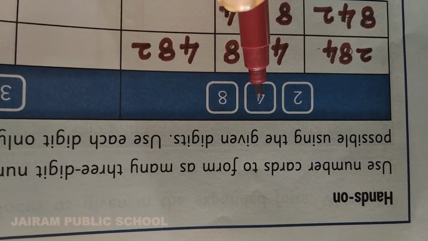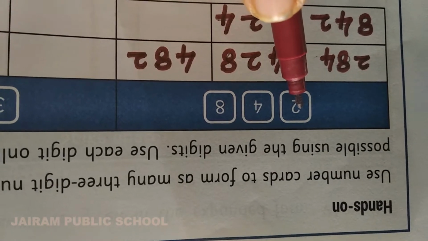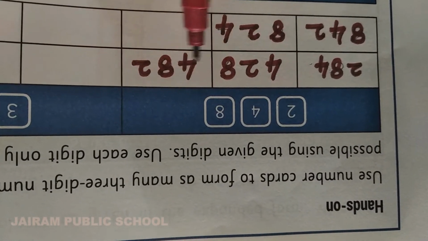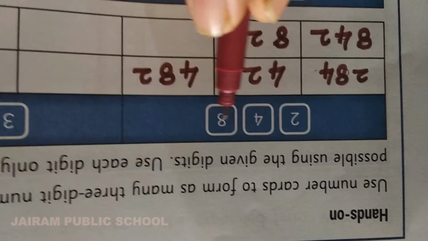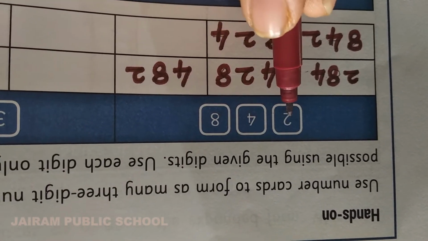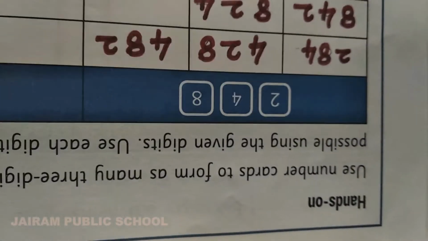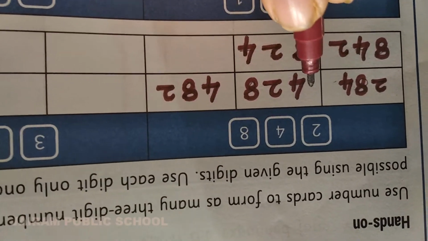And 8, 4, 2 and 8, 2, 4. These 3-digit numbers are all different.